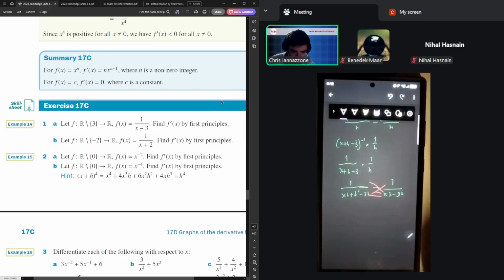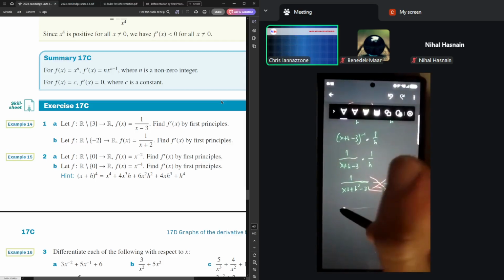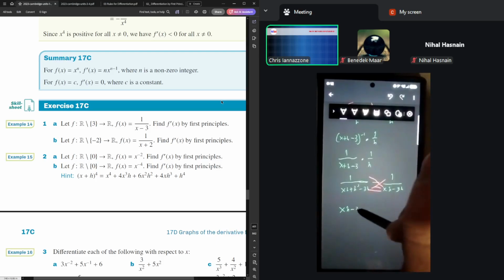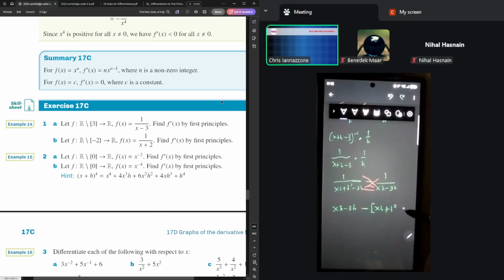This is where the math starts to explode out a little bit. So we're going to have xh minus 3h on top of this, minus all of, because remember it's minusing the full fraction, minus all of xh plus h squared minus 3h.